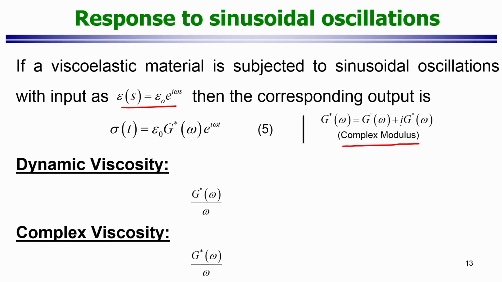Once again, please, i here is the complex number or root over of -1. Now, the complex modulus is a material property, and we also looked at two other material properties, which are dynamic viscosity defined as G double dash by omega, and the complex viscosity, which is defined as G star by omega.